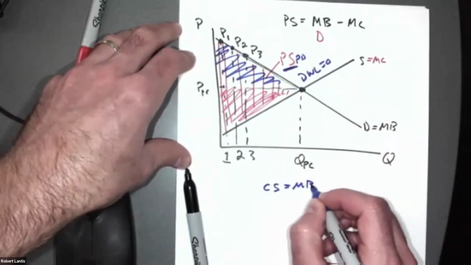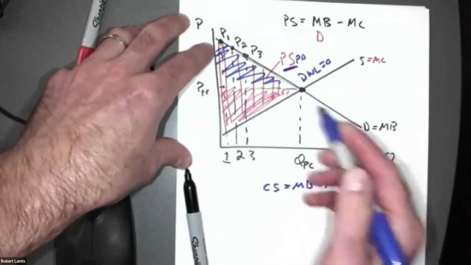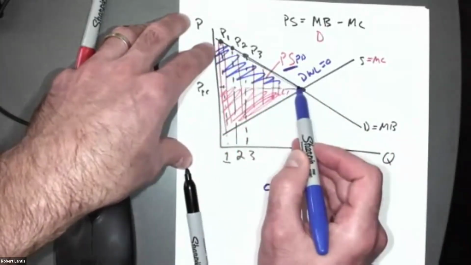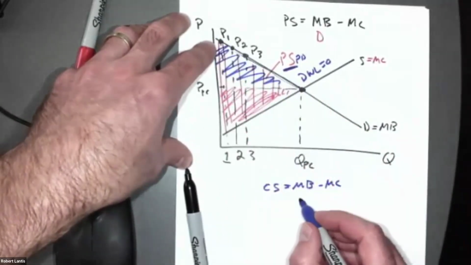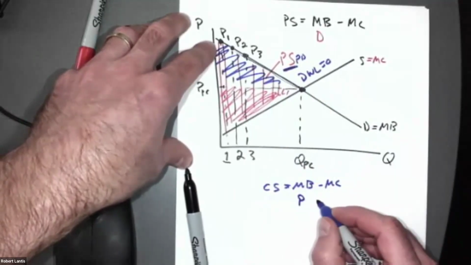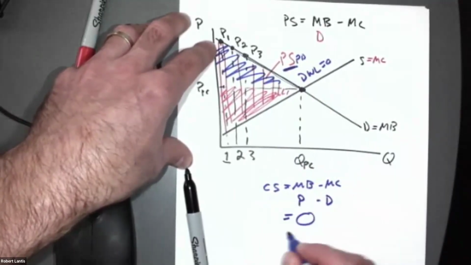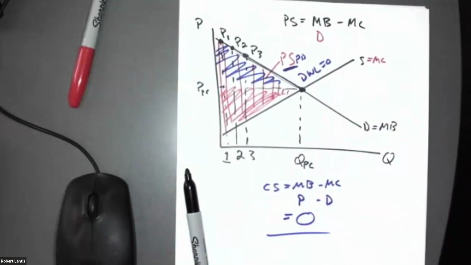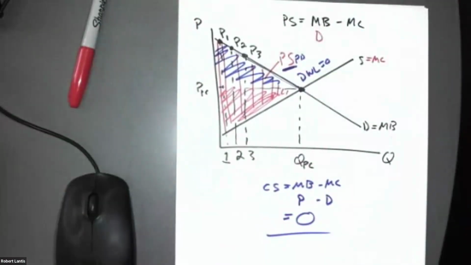Okay, what is my consumer surplus? Well, if that's the difference between the marginal benefits and the marginal costs, if this is a price discriminating monopolist, the price they're paying is exactly equal to their demand curve. So this difference would always be 0. So with perfect price discrimination, we have no deadweight loss in this market. That might sound like a good thing.